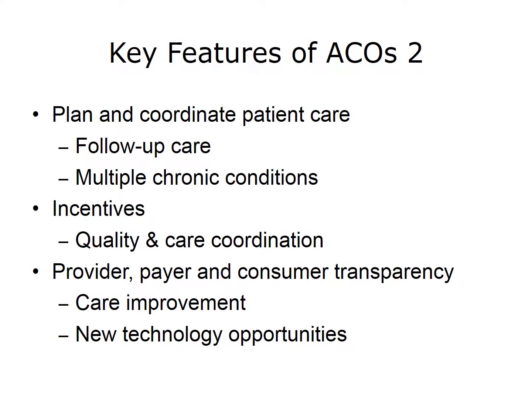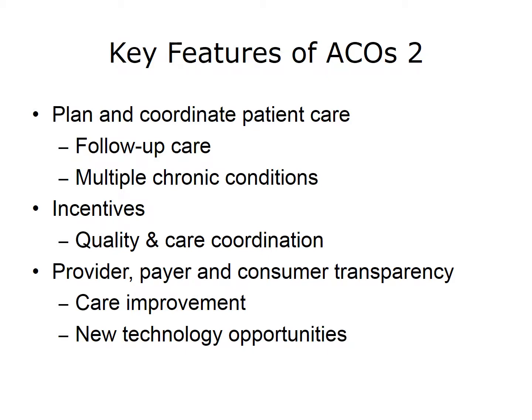A fourth key feature of the ACO model is the ability to plan for and coordinate patient care across different settings, from hospital to doctor's office to home care to social service providers. For example, when an ACO patient is discharged from the hospital, where will follow-up care be provided, and who will manage the multiple activities that occur?